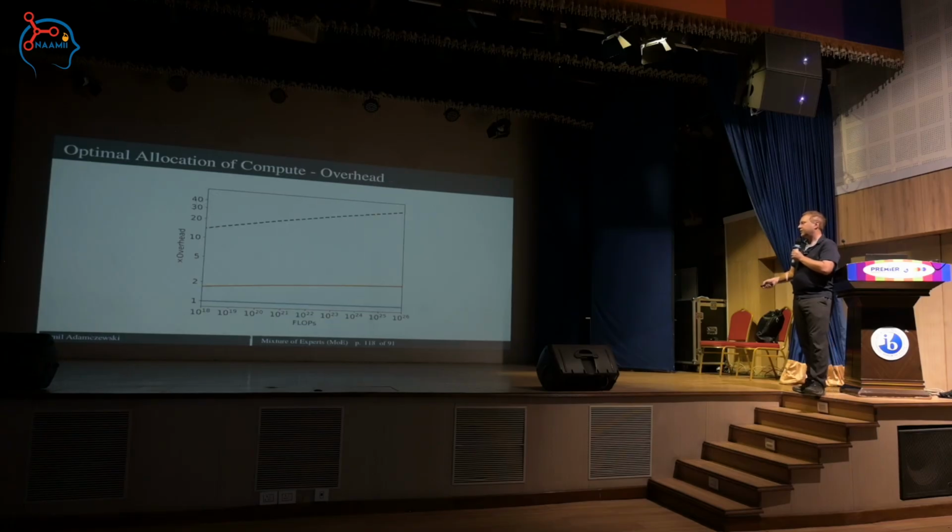And even better than that, for each compute budget, this line is the fine-grained mixture of experts, this is mixture of experts which is not fine-grained, and this is a dense model. So these are the three types of models that we can distinguish.